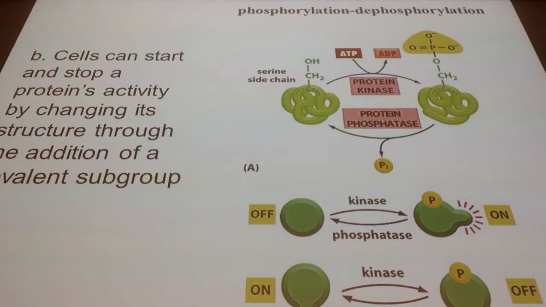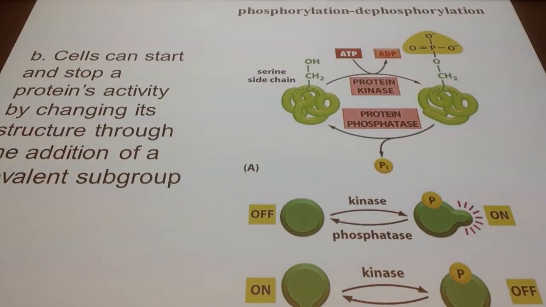All right, I'm going to beat this to death because we already talked about phosphorylation and covalent modification, and when covalent modification occurs, that changes the conformation, and that either turns on or turns off a protein.